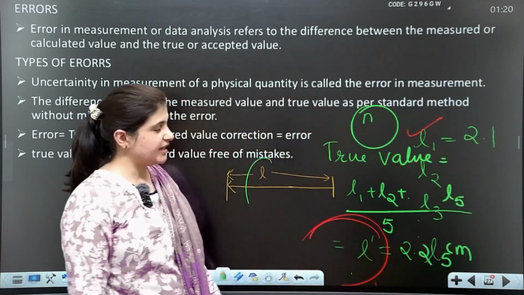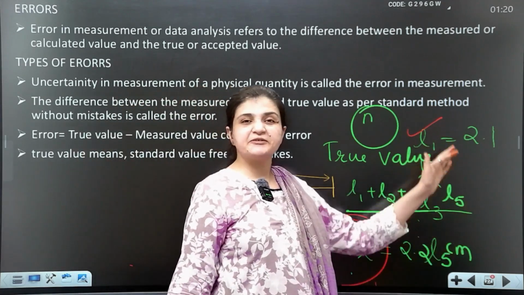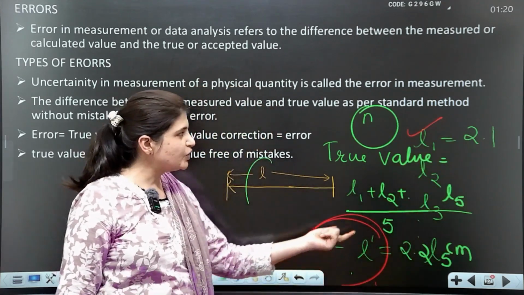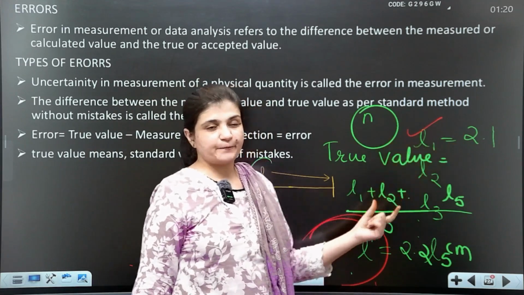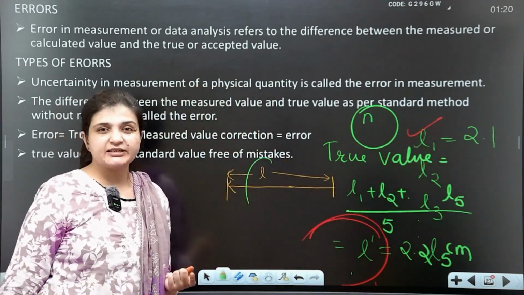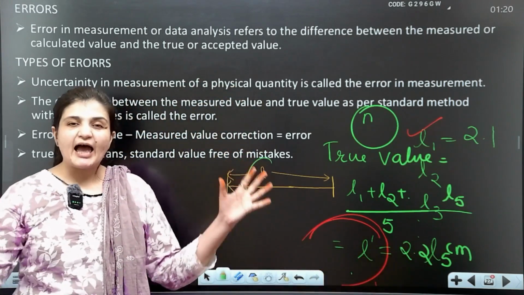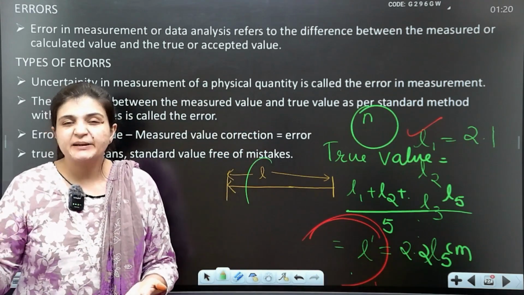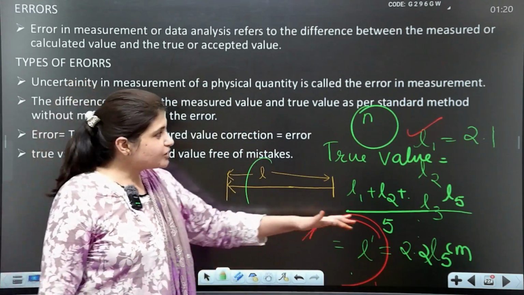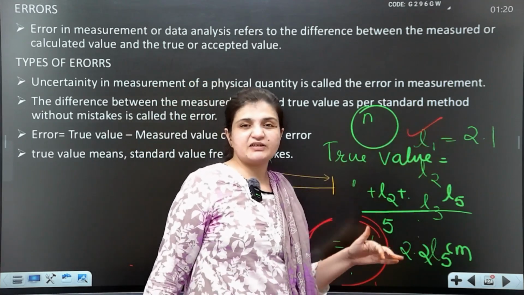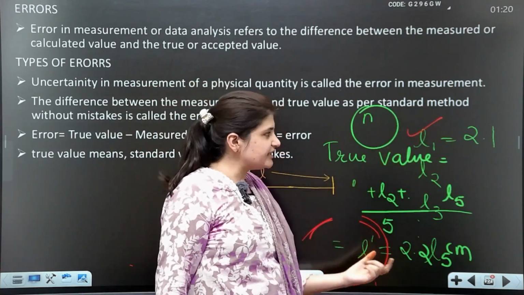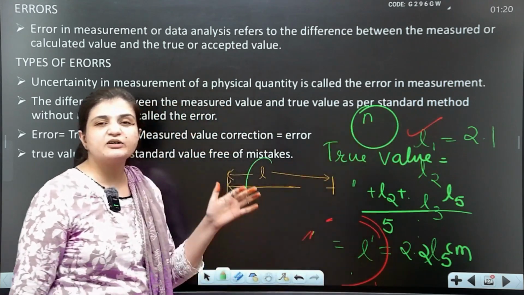We can see that there is a certain difference between the true value and the calculated value. L1 is the calculated value and L dash is the true value, which is the average of all the experimental values taken.